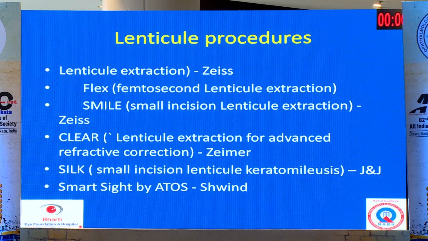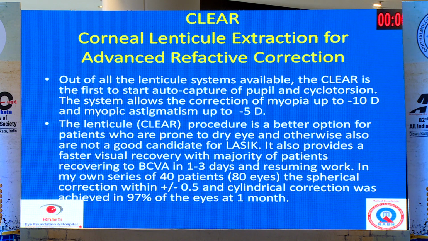Lenticule procedures available today are from Zeiss, the Flex or Smile, and then Clear by Zimmer, which I'm using for 15 years, and Silk is the new kid on the block from J&J, and also Atos by Schwind is also there.